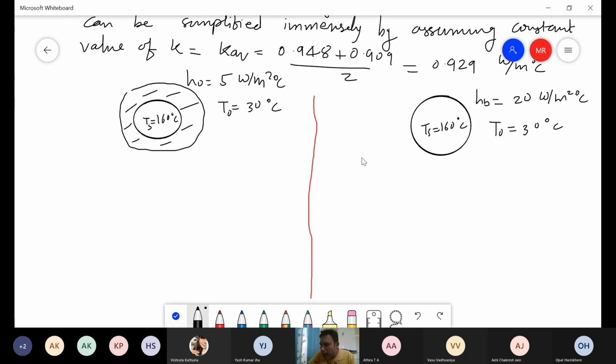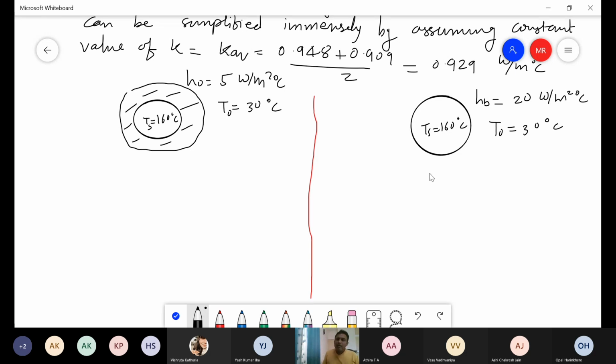And that difference is primarily because of the insulation, isn't it? So I have to find out the difference in heat loss, first convert it to a monetary basis, and then find how much time it will require for that saving in heat loss to make up the cost of insulation I am going to incur in this case. That is what we have to find out.